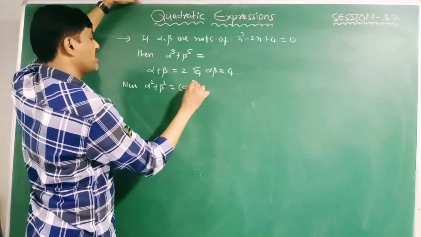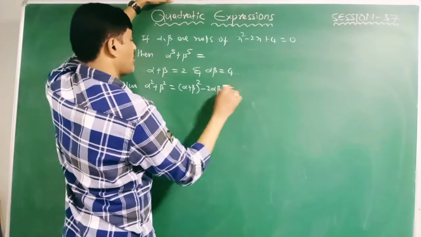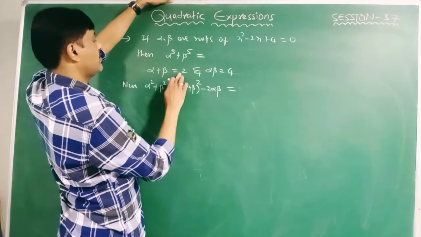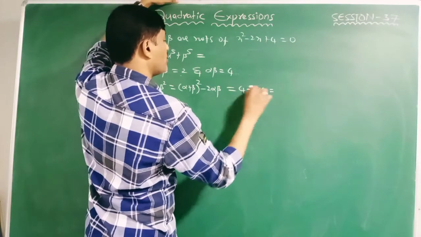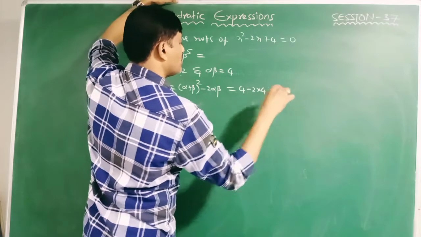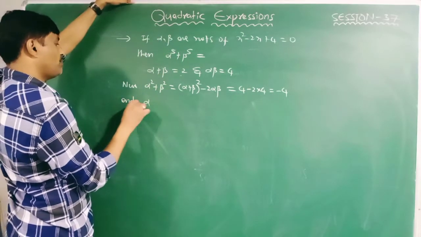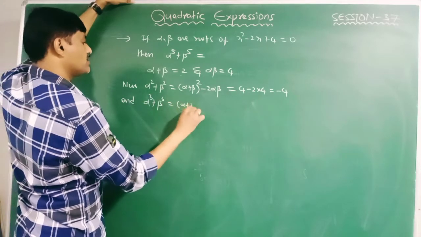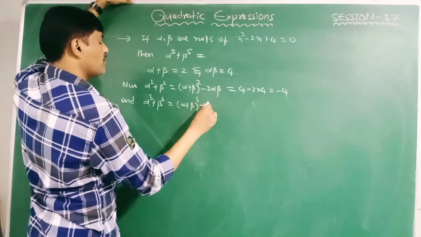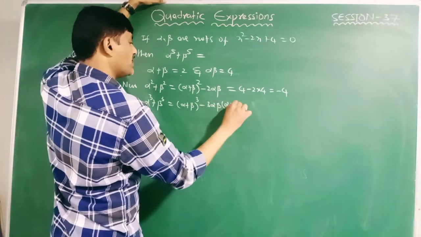Now alpha square plus beta square is equal to alpha plus beta whole square minus 2 alpha beta. Alpha plus beta is 2, 2 square is 4, minus 2 times 4, so 4 minus 8 is minus 4. And alpha cube plus beta cube is alpha plus beta whole cube minus 3 alpha beta of alpha plus beta.